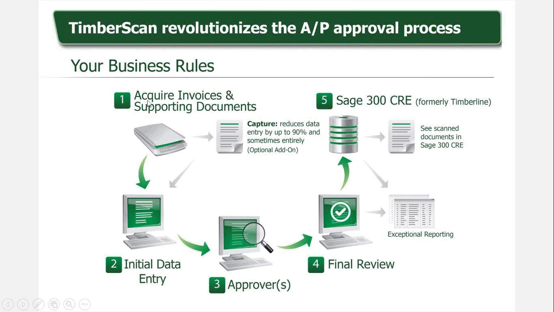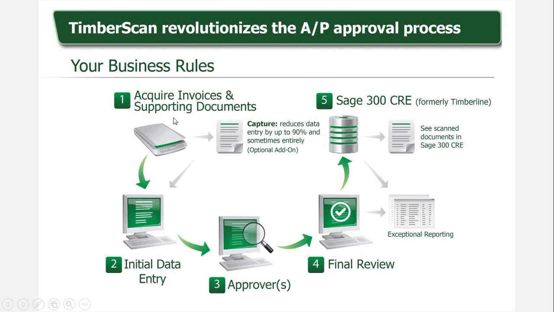So basically what Timberscan does is we handle the routing and approval process electronically throughout Timberscan, and I'll just talk about this very briefly. And then once I'm finished with this, we'll actually go into the system and we'll walk through these steps. So basically, we start at the point where invoices arrive at your door, and regardless of how you receive those invoices, what we do first is we acquire them into the Timberscan application.